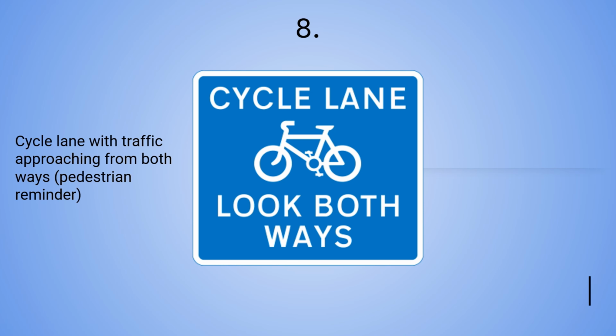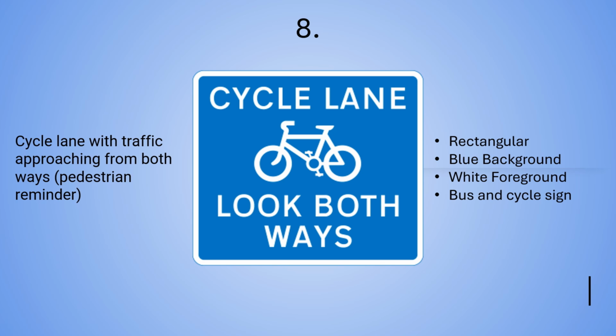Sign number 8. This is the cycle lane with traffic approaching from both ways. A pedestrian reminder. The sign is rectangular in shape on a blue background with a white foreground, and it's a bus and cycle sign. And clearly, as you can see on this sign, it says look both ways.